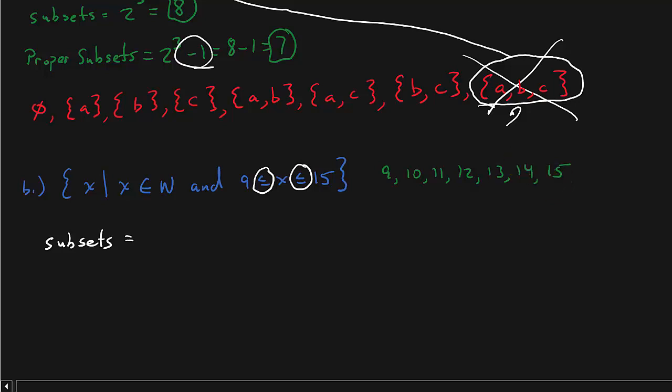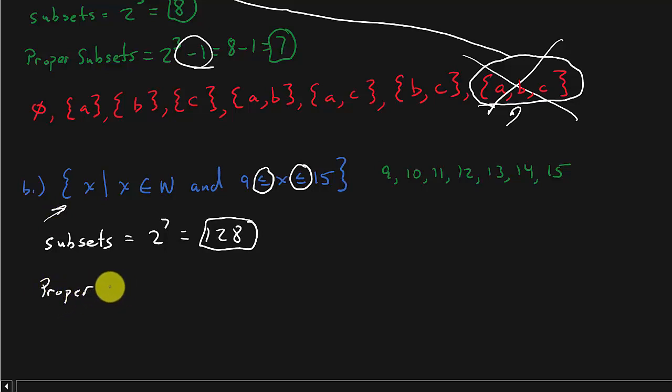Okay, 7 elements. So that's going to be 2 to the 7th. And let's see, 2 to the 7th, I believe that's 128. Yep. 128. So there's 128 subsets for this set. Okay, that wouldn't be fun listing all those out.